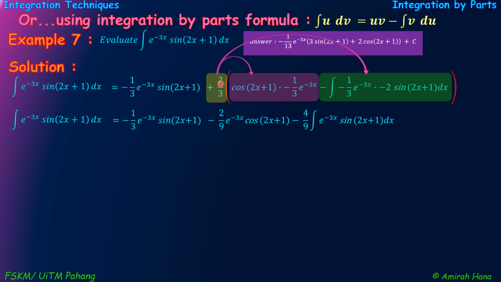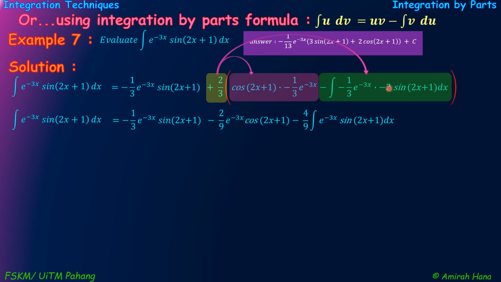And then when we multiply 2 over 3 with this, we get negative times negative times negative times positive, so we get a negative sign. Negative times negative is positive, positive times negative is negative, and negative times positive equals negative.